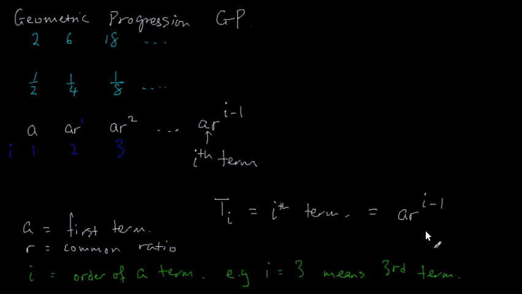So that's the formula. The ideas that I'm using here are pretty much the same as what I used for AP. The next thing I want to look at is the sum of this.